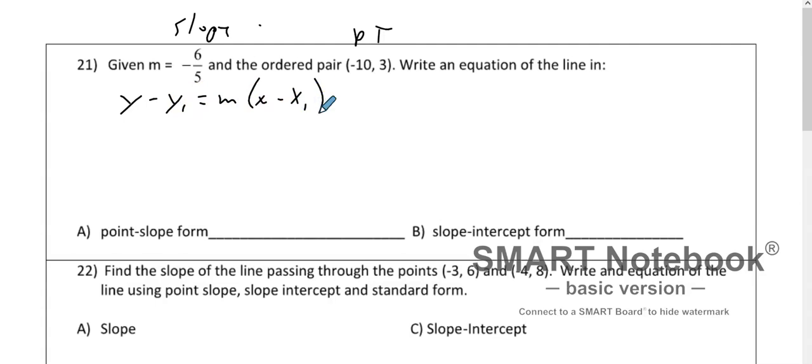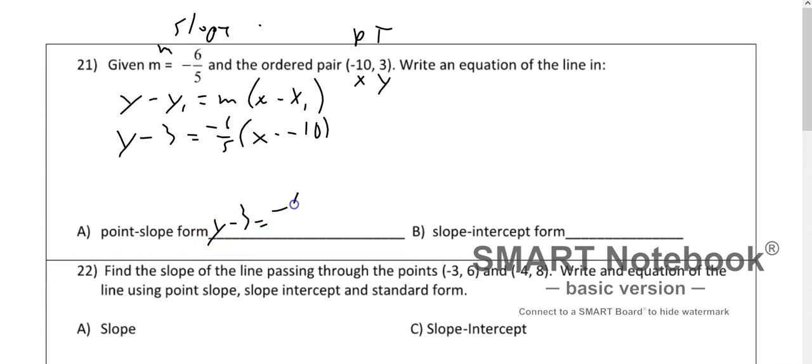So I'm going to plug those numbers in. So again, this is my x, this is my y, this is my m. So y minus y, which is 3, equals negative 6 over 5 times x minus, careful here, negative 10. So my point slope form is y minus 3 equals negative 6 over 5, x plus 10 simplified.